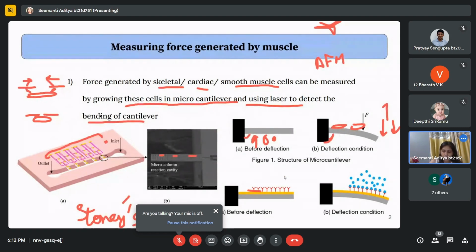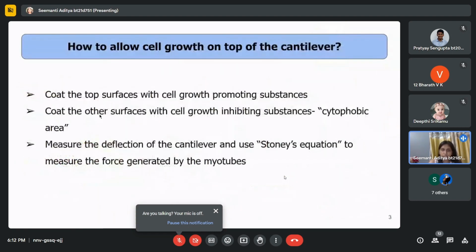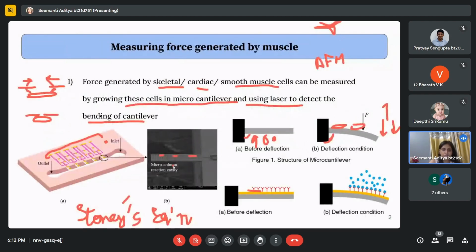So how can we grow the cells? This is the micro cantilever system, and in order to grow the cells only on these cantilever chips and not on the entire surface, people coat the entire surface with molecules which are cytophobic.